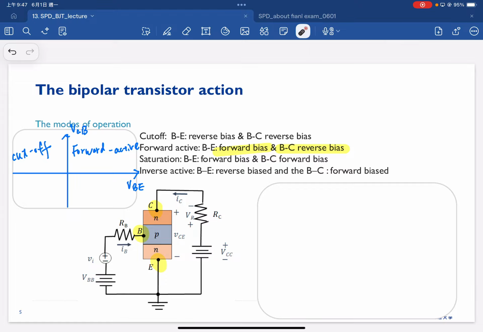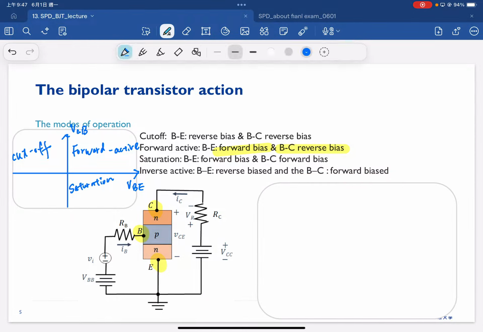And the second one is what we have mentioned, the forward active. The third one is BE as a forward bias and BC as a forward bias, and this is the one we call saturation. And the last one is BE under the reverse bias and BC under the forward bias.